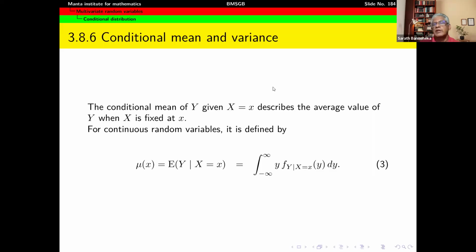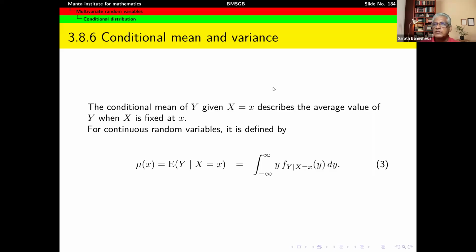For another value of x, y has probably a different distribution, right? For another value of x, again, y may have a different distribution. So the distribution of y may change with the value of x that we consider.